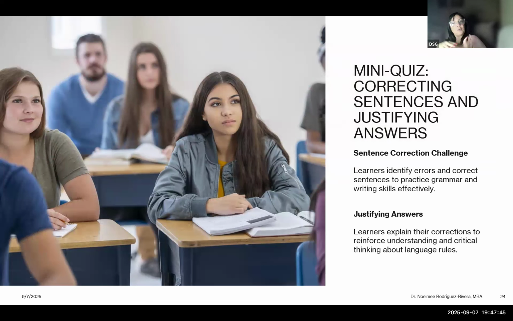For today, we are going to have a mini quiz correcting sentences and justifying answers. This quiz will challenge you all as learners to correct sentences and explain your choices, reinforcing the rule applications and critical thinking of what we spoke on our last classes yesterday and before yesterday.